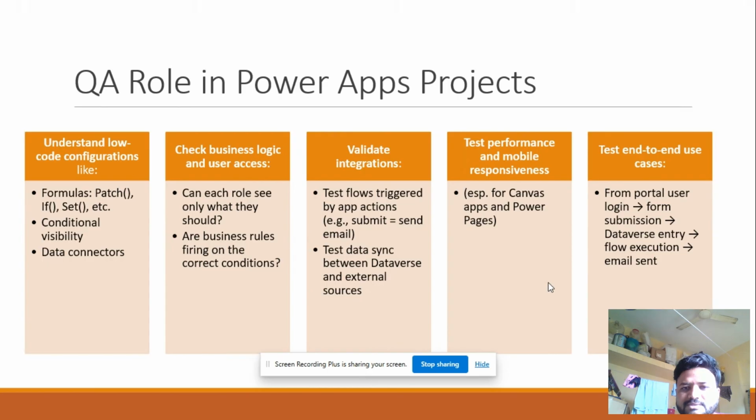The fourth point is to test performance and mobile responsiveness, specifically for Canvas apps and Power Pages. And last, test end-to-end use cases from portal user login to form submission, database entry, flow execution, and email sent. Everything we need to check in Power Apps.